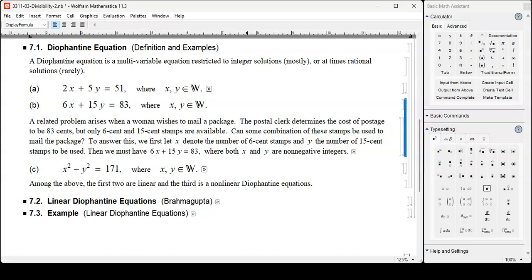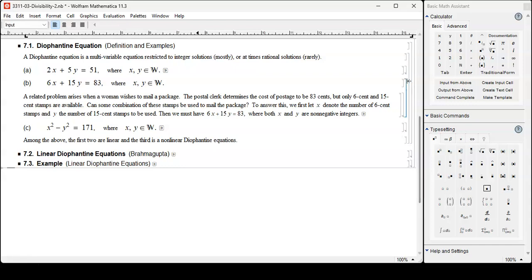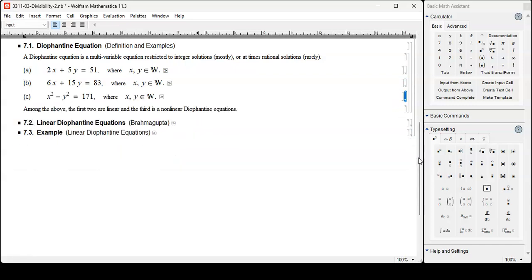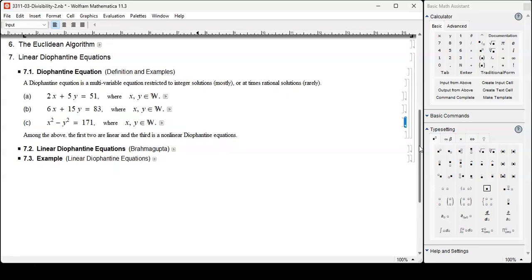Okay, this time cents, no dollars, cents. And then this one is just a problem I made up. These two are linear equations, so I wanted a nonlinear example, so I put it over here. Those are examples of Diophantine equations.